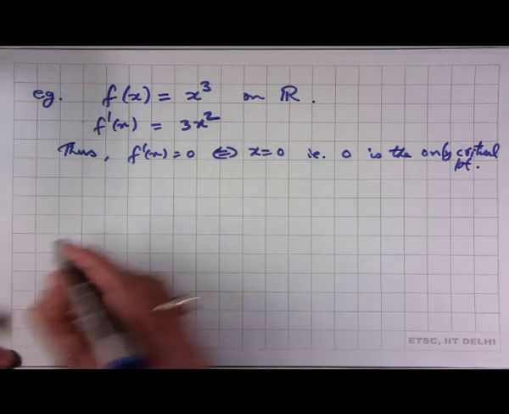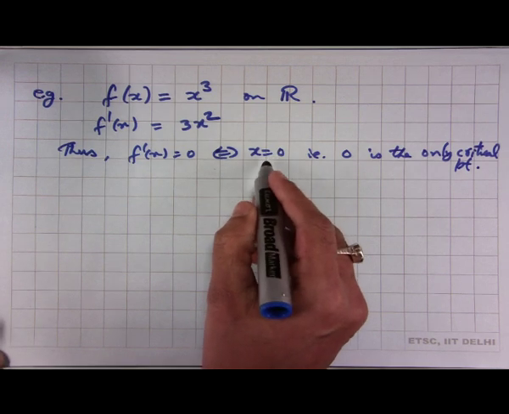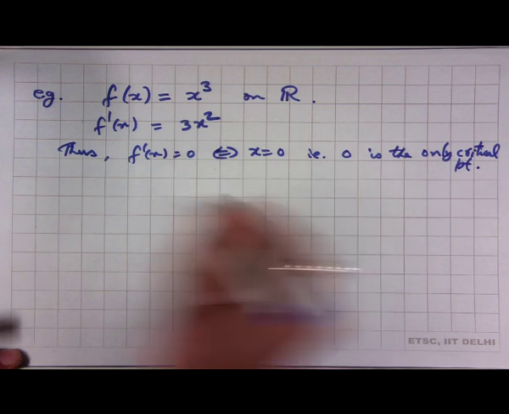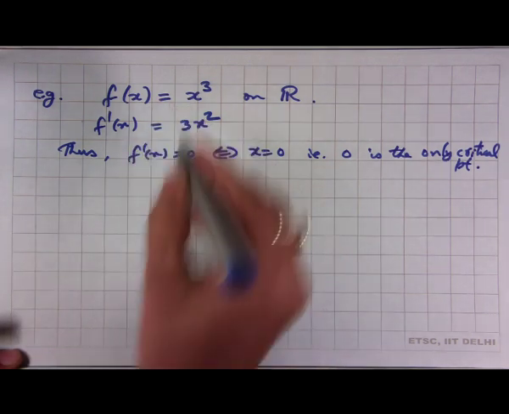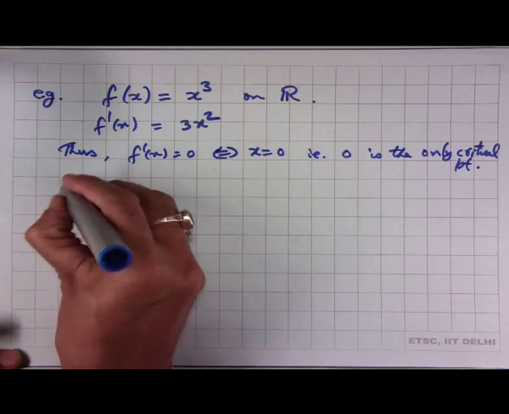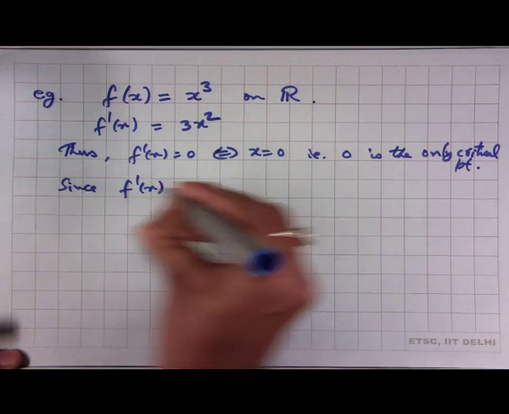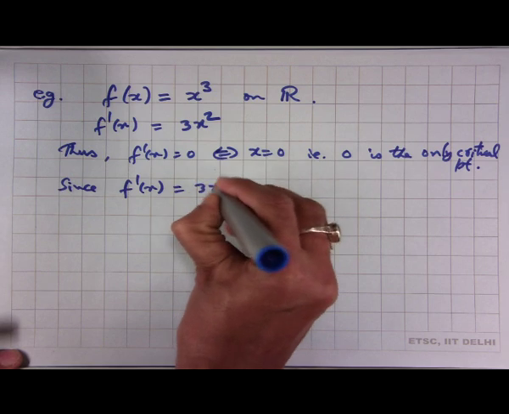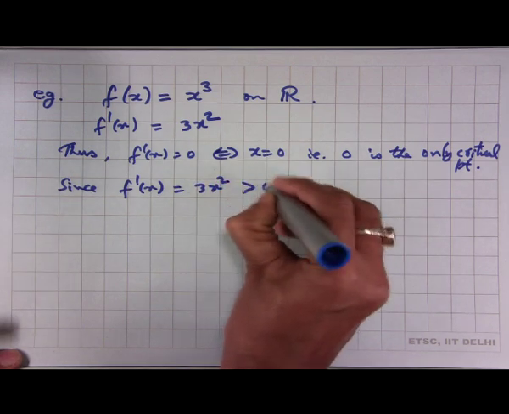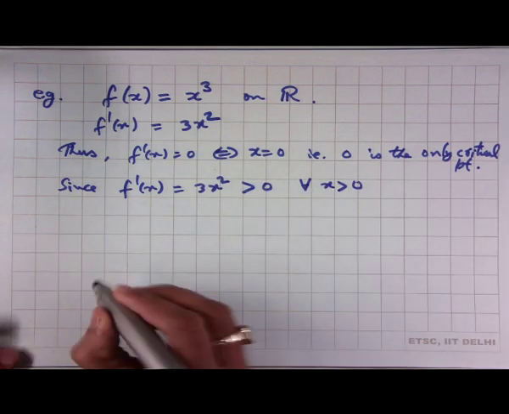Now, we will check whether 0 is a point of local minima, local maxima or neither. Since f prime x is equal to 3 x square, this is positive for all x not equal to 0.